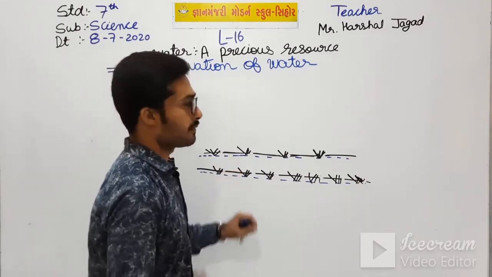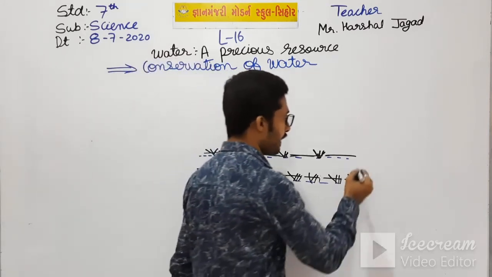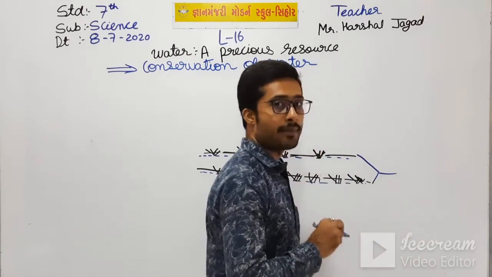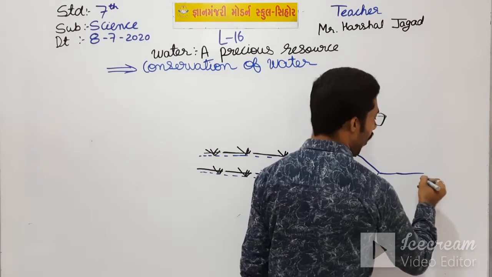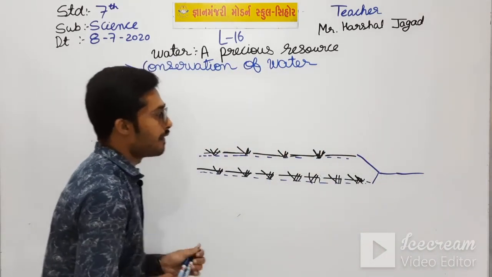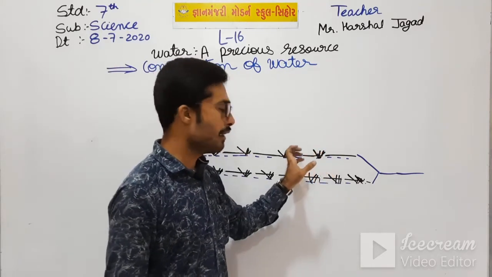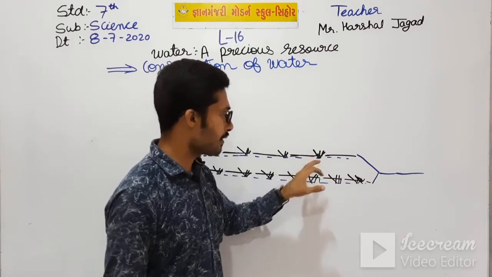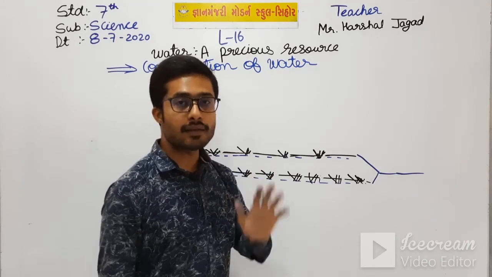All these pipes are connected with the main water line, and when the line is on, the water is irrigated drop by drop into the plants, and due to this the water is conserved.